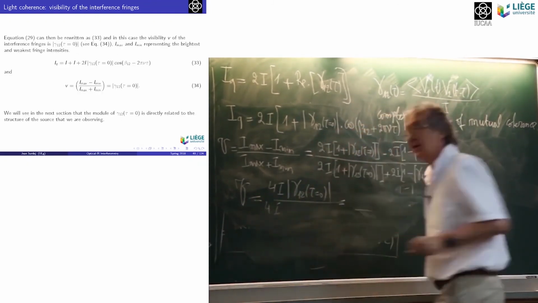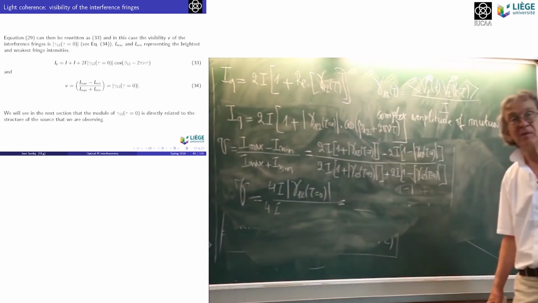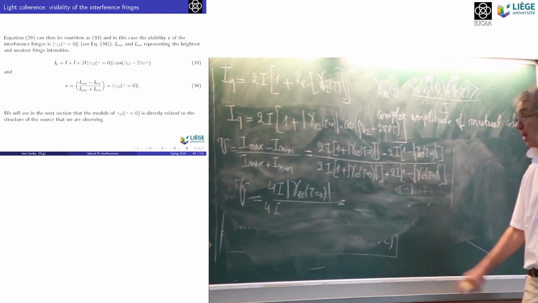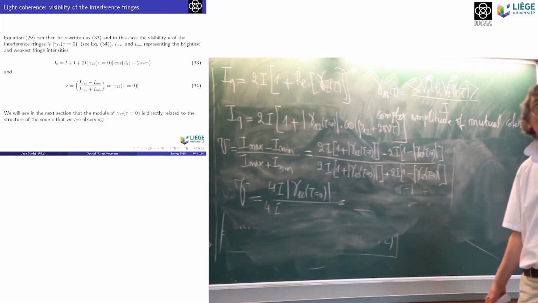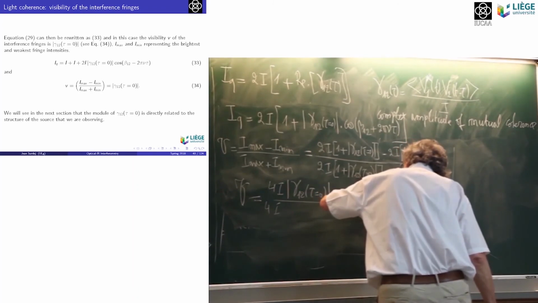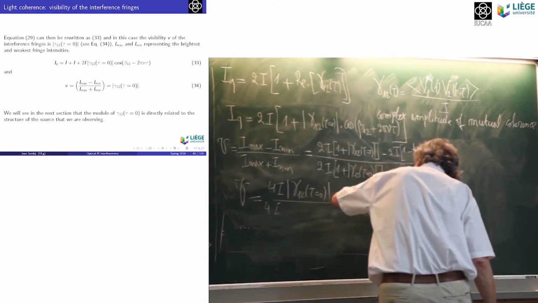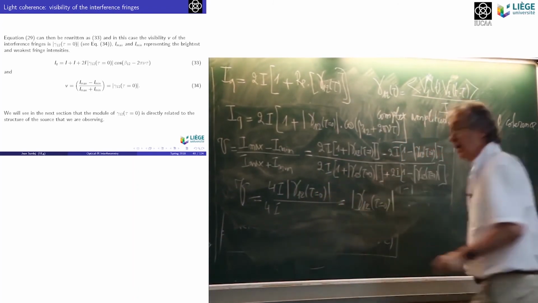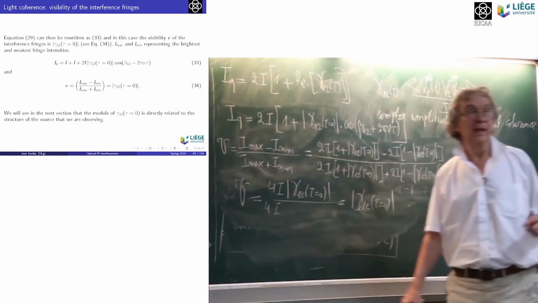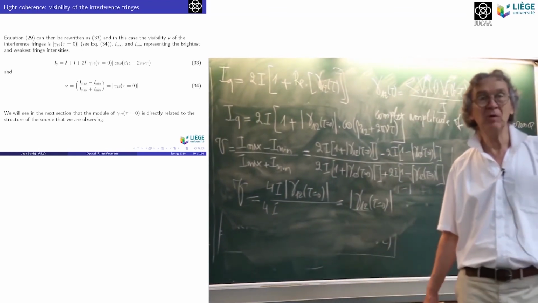And so what I find at the end is that the visibility of the fringe is directly equal to the module of the complex degree of mutual coherence. So it's equal to the module of the complex degree of mutual coherence. Very simple.